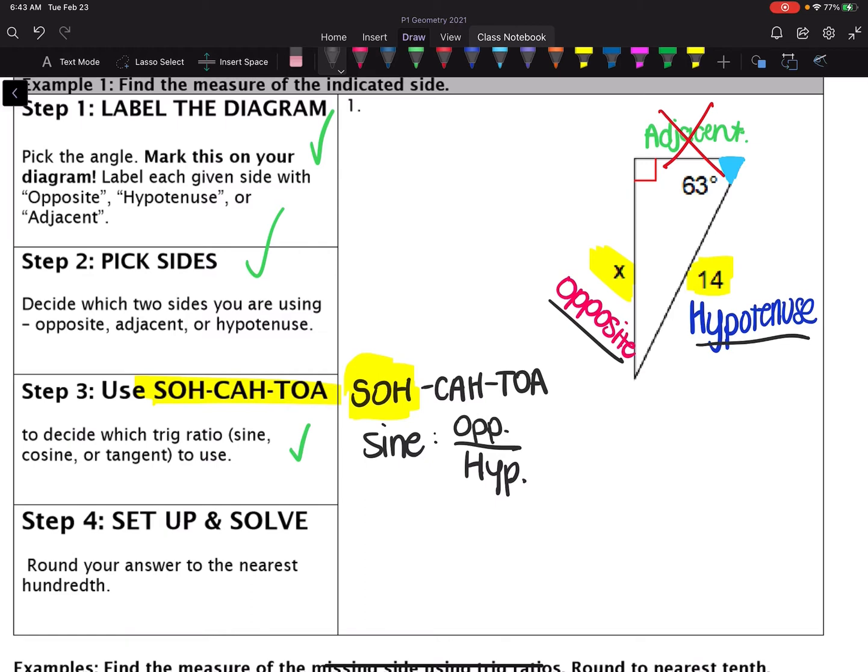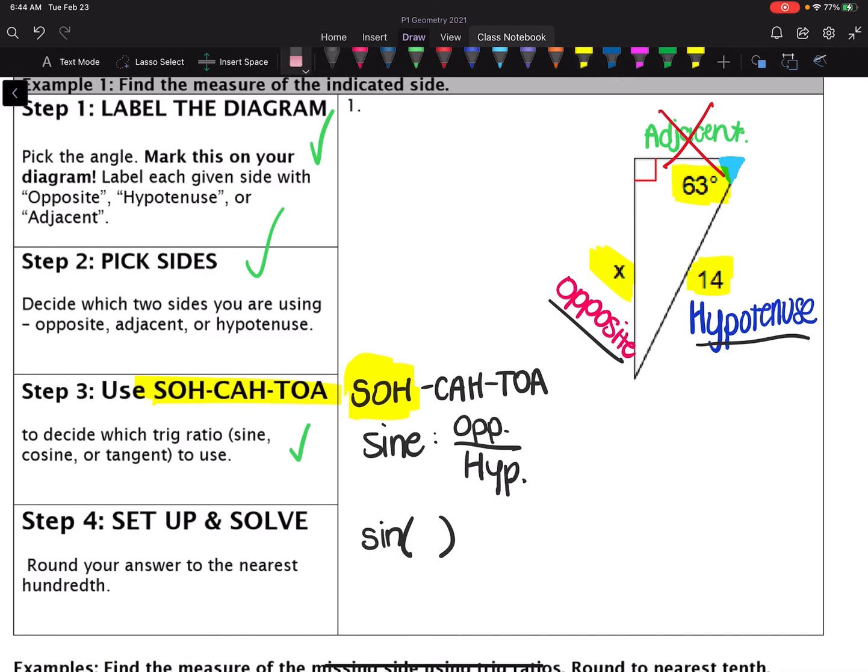So when we set up our ratio, yesterday we used the trig ratio of sine. Instead of putting in a letter here where we identified our angle, we're now going to want to use this 63 degrees that's marked in our diagram.